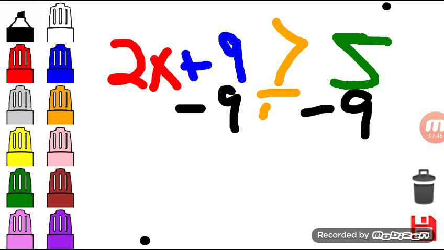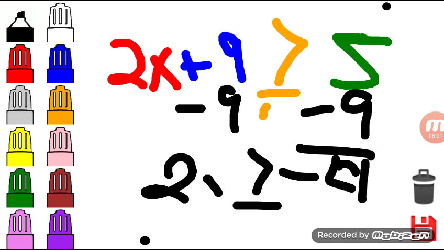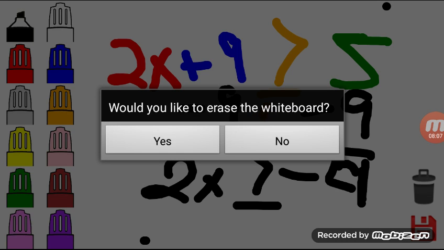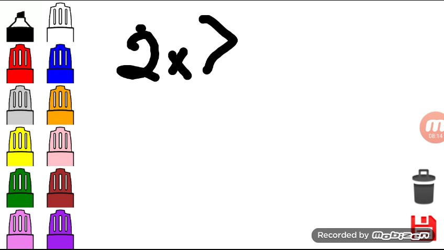that gives us a -4. Okay, yep, a -4. And so then we bring down the 2x is greater than or equal to -4.